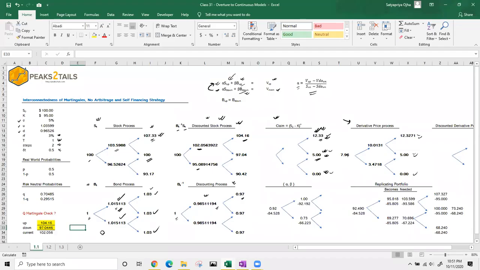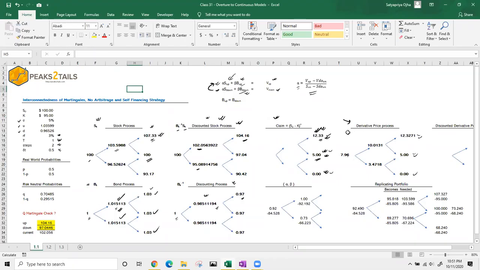We'll look at the derivative. But any questions on the discounted stock price being a martingale under Q? That's clear, right? I would take silence as confirmation.